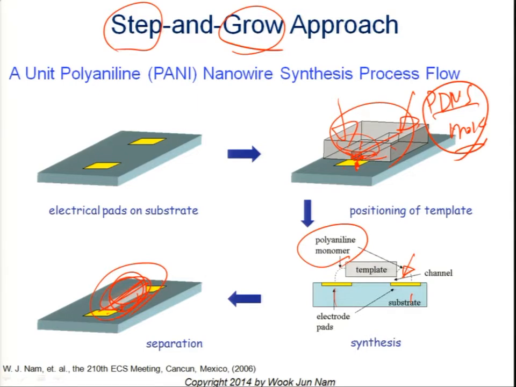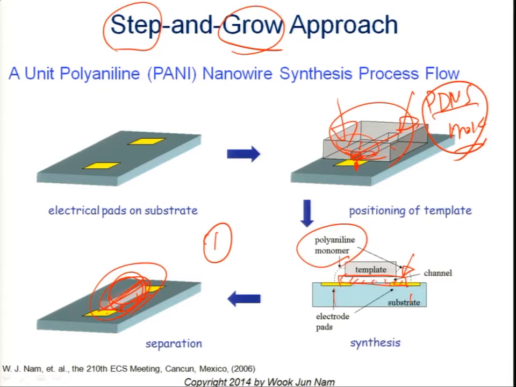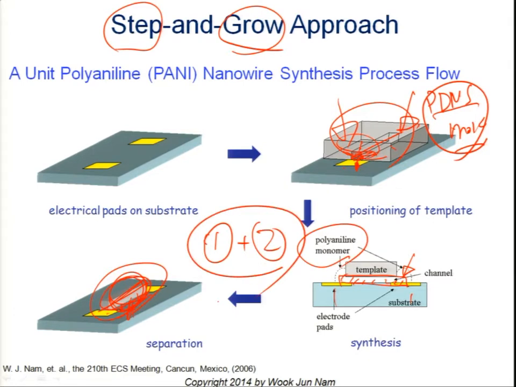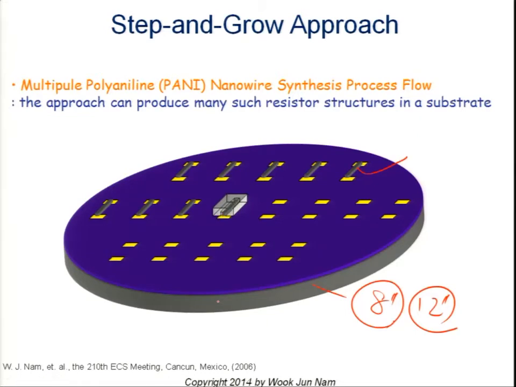So the first limitation of this method is that the material we want should be grown by electrochemical deposition. The second is that the adhesion of this material with the substrate should be stronger than the adhesion with the PDMS mold. So there are two conditions to be matched to use this method.